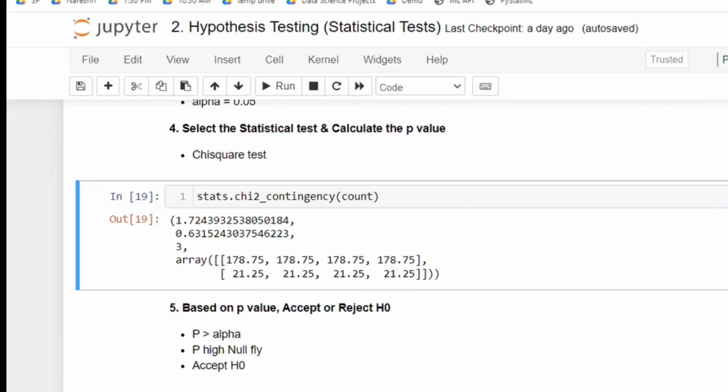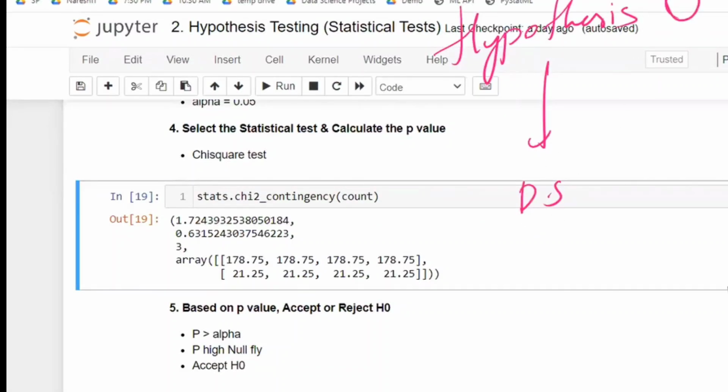So these are the various different hypothesis tests. And this entire hypothesis testing, in real life, as a data scientist, we are not going to use. In the data scientist's life, we are not going to use hypothesis tests like this.